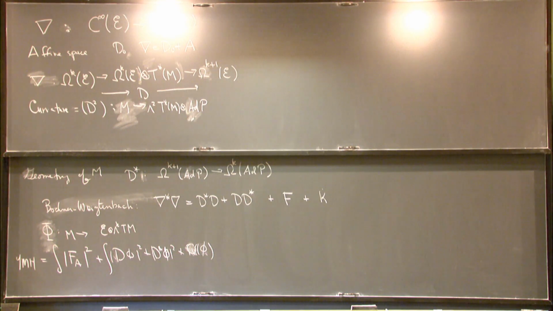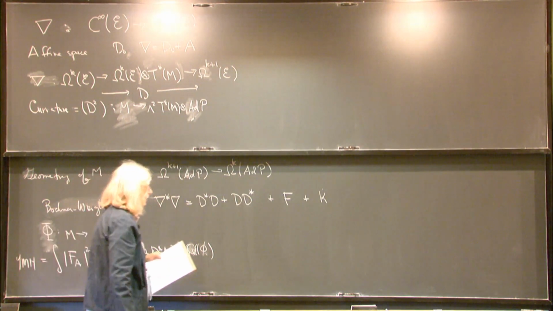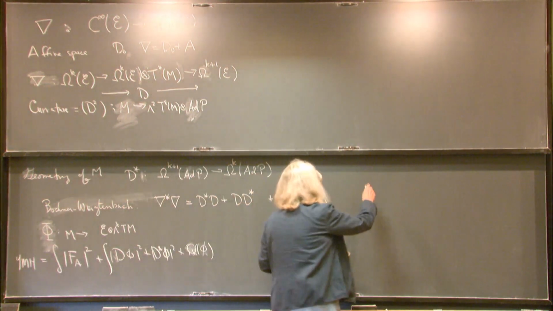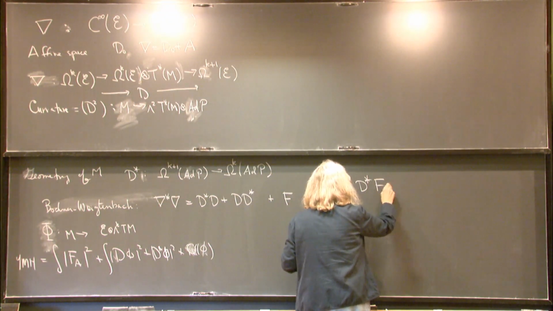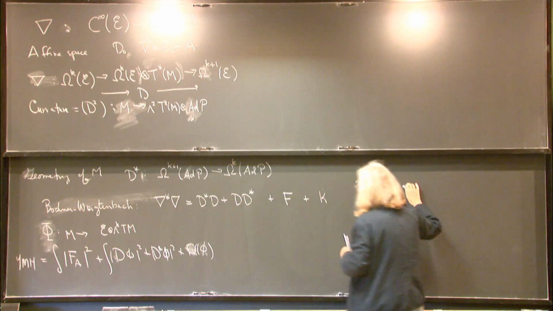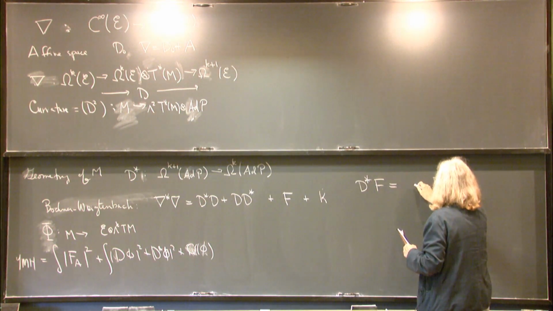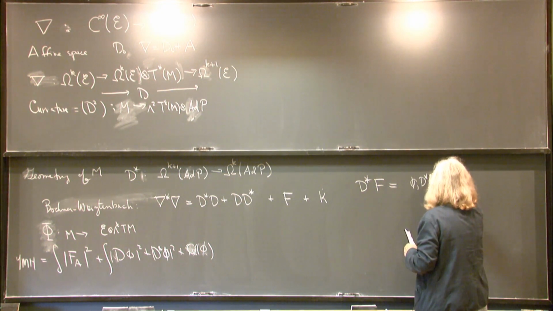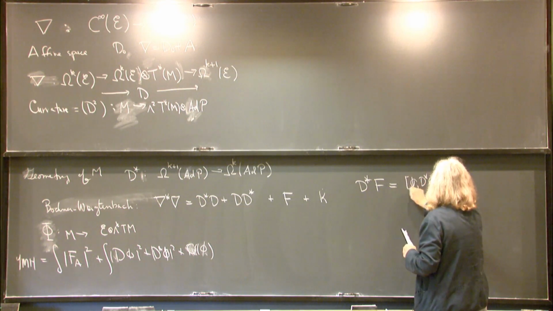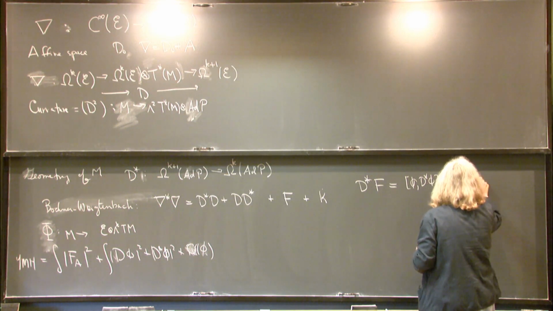So the Euler-Lagrange equations for this one, and I just write this out just so that you get an idea, are d star F is equal to, and on the right-hand side you get something that you have to figure out from the coupling of Yang-Mills fields with phi, d phi.